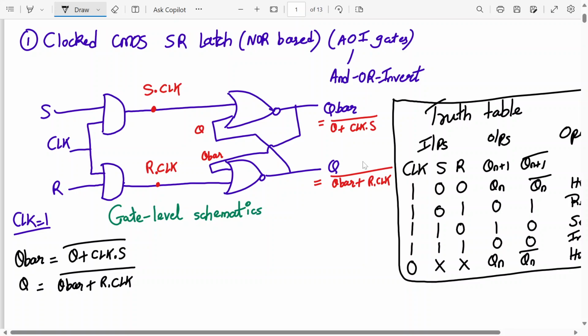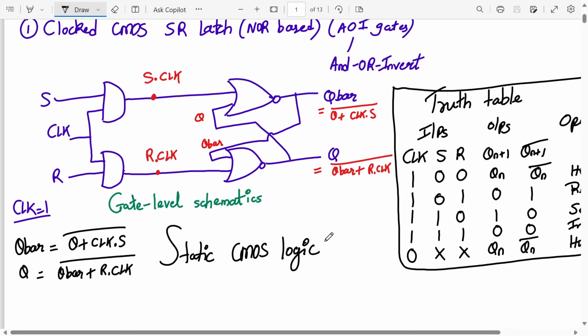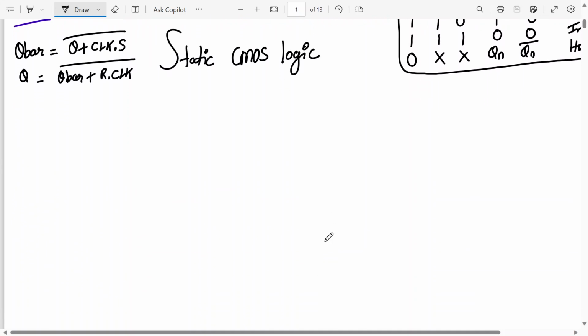Alright, so we have to build this using static CMOS logic. And in static CMOS logic, we know we have a pull up and pull down. So let's draw this logic now based on these two equations. Now, first we will implement Q bar logic and then Q. So what do we have in the pull down?